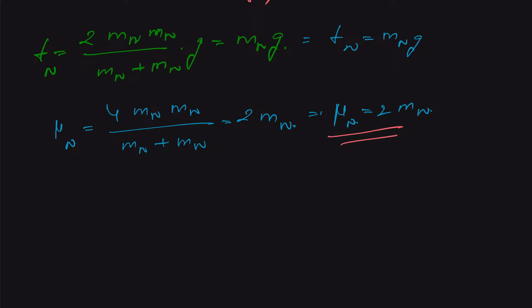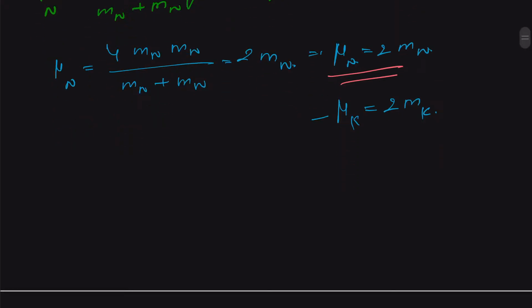So we can generalize this formula for any stage, that mu of k is equal to twice m of k. And similarly we can also write that mu of k plus 1 will be equal to twice m of k plus 1. This we can easily generalize for every value of k.